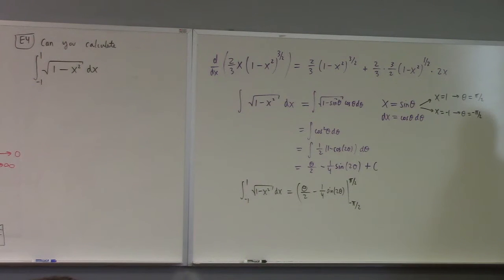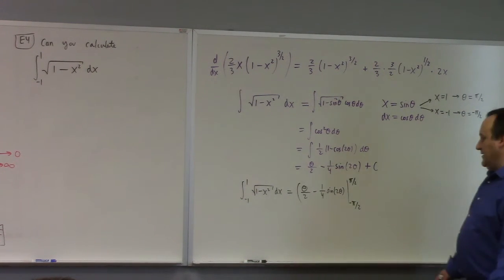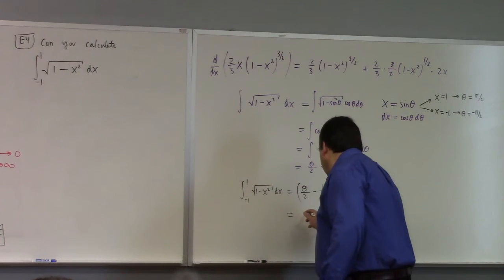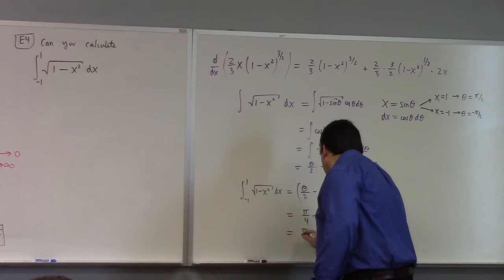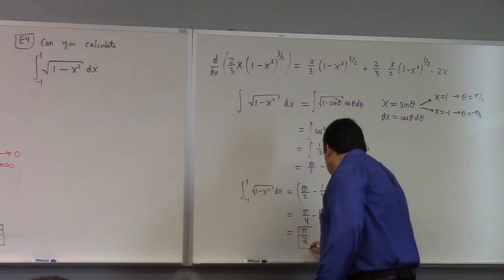What's sine of pi? What's sine of minus pi? These are 0. And so what we get is simply pi over 4 minus a minus pi over 4. What's a quarter plus a quarter? Pi over 2. The answer is pi over 2.